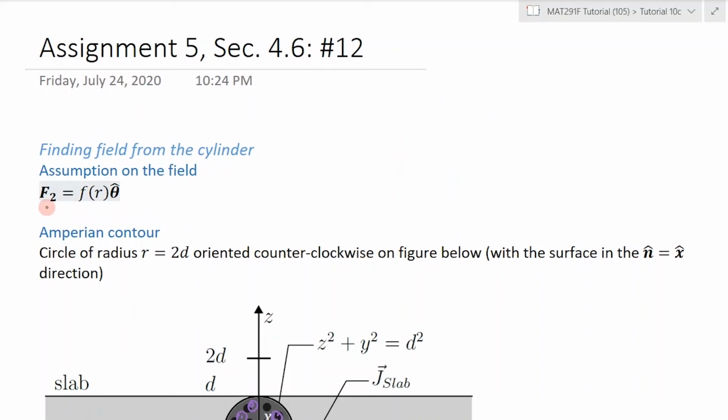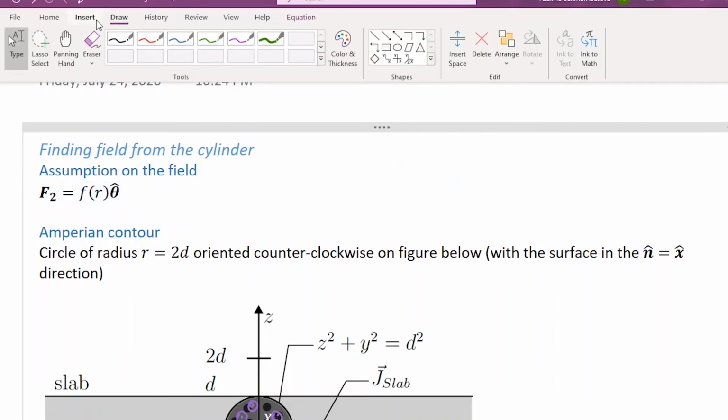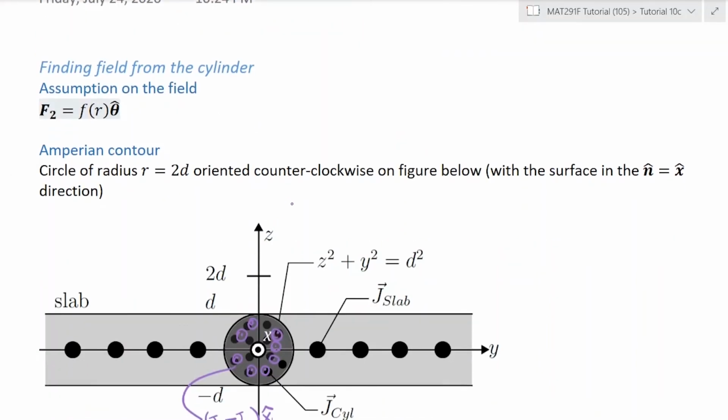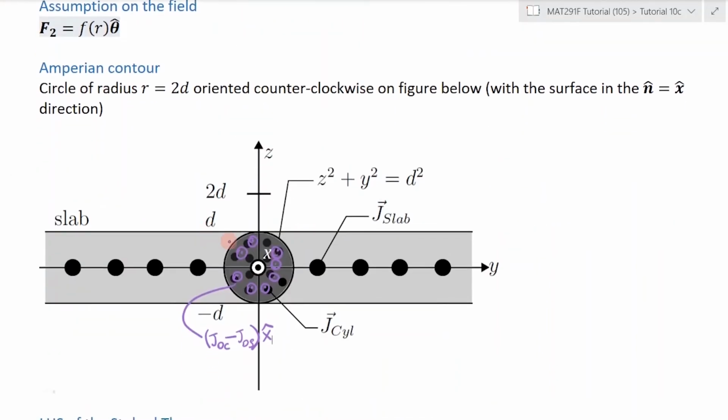The field from the cylinder, let's assume it to be in this sort of form. The reason why is because by the right-hand rule, this will generate the field that goes something like this.